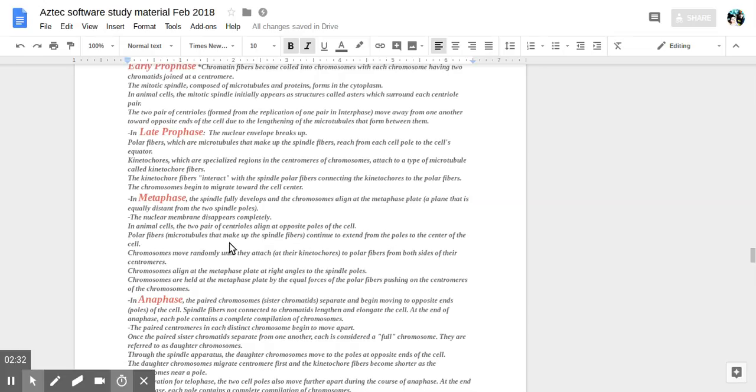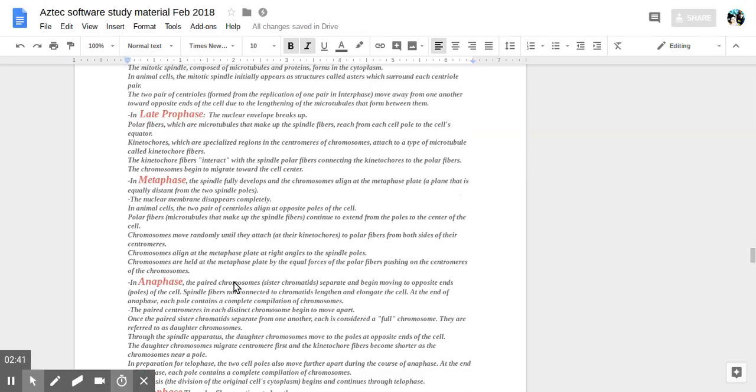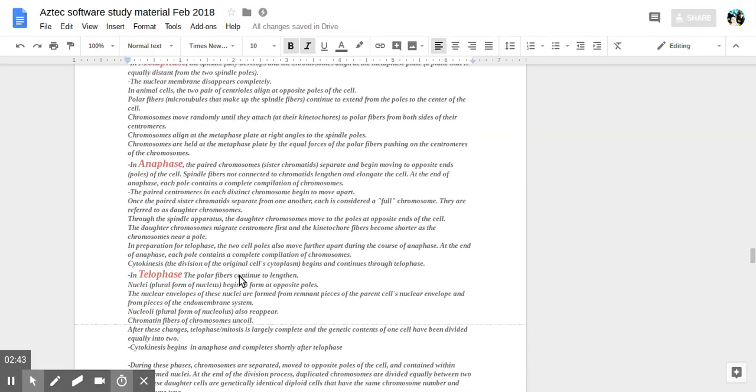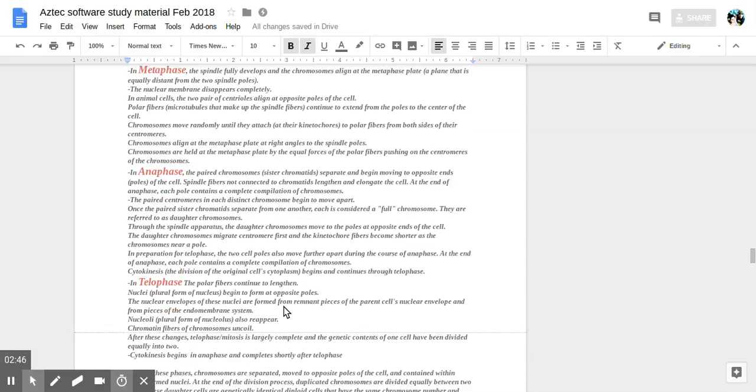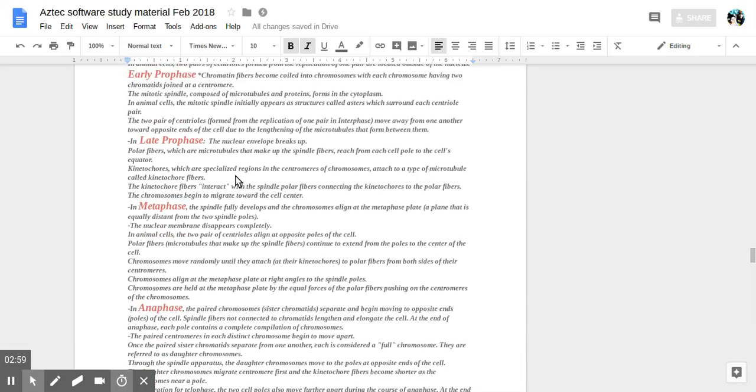In anaphase, you have separation and the movement of all the chromosomes to opposite ends. And in telophase, you have new nuclei forming around the two groups of chromosomes on opposite ends of the cell.